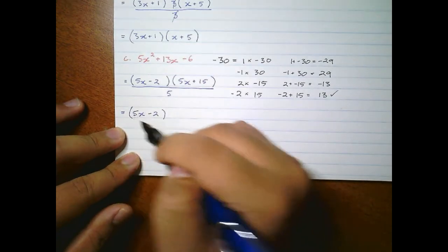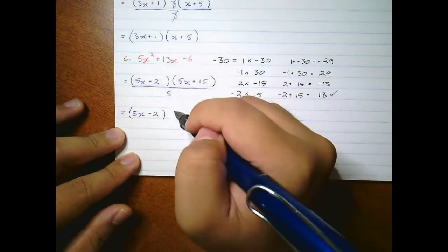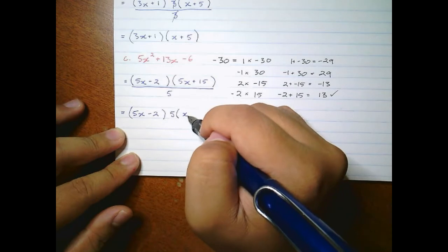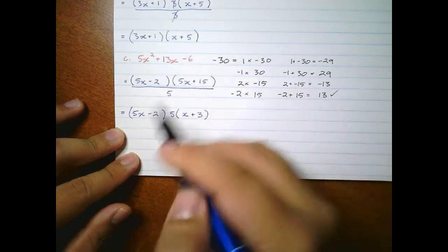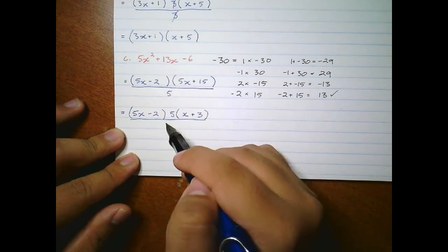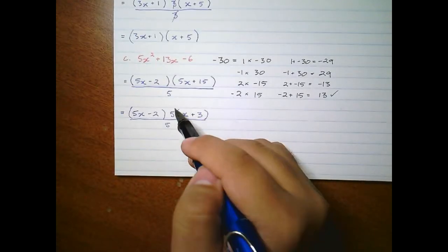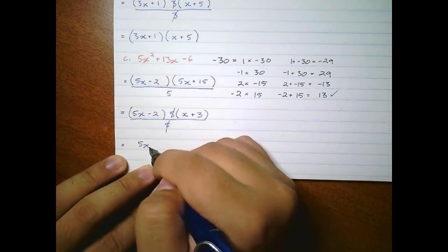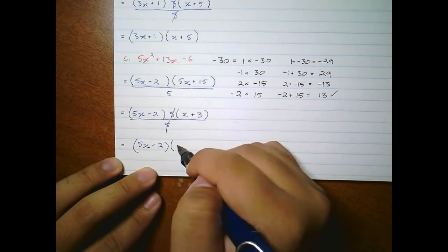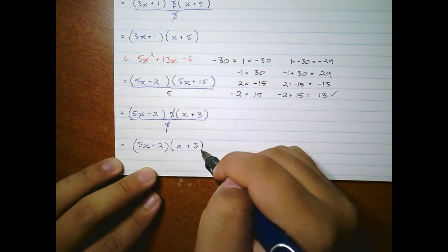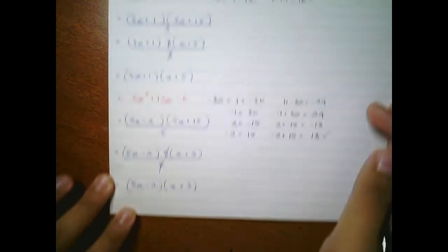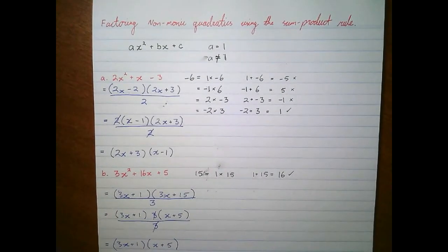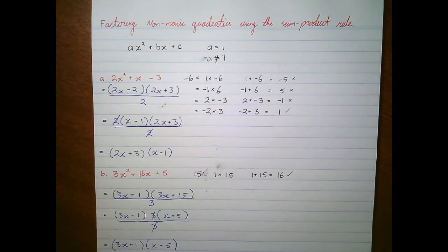There's no common factor in that one, but there is in this one, so it's going to be 5 outside (x plus 3), all divided by 5. Cancel, and we're left with 5x minus 2 times x plus 3. And that there's how to factor non-monic quadratics using the sum product rule.